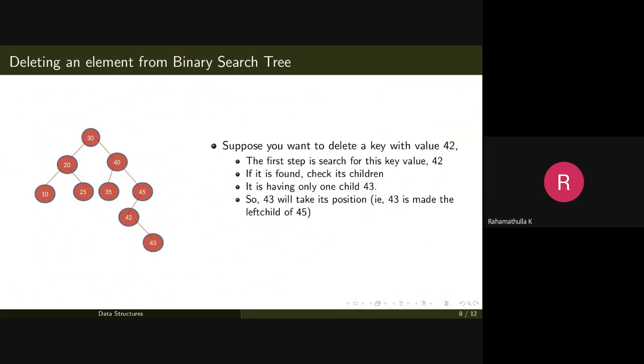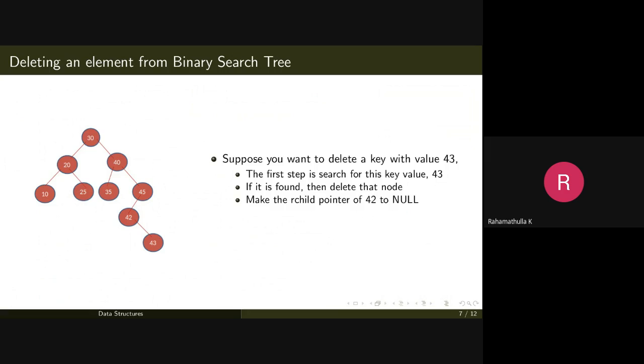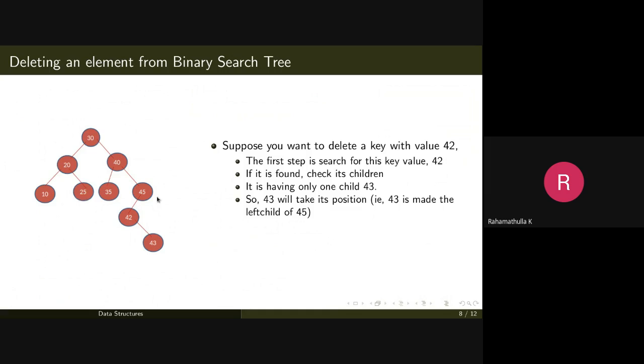So the previous two delete cases were simple, as we were deleting an element which is a leaf node. There is nothing more to be taken care of. But for example, in this case, we would like to delete an element which has a key value 42. In this case also we will search for 42, and the same procedure you can apply.